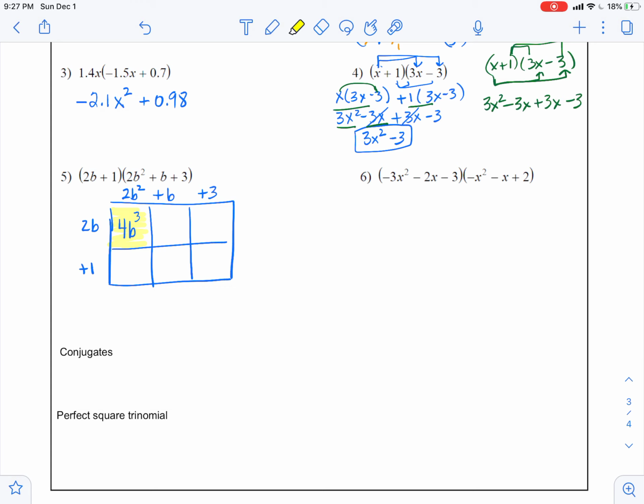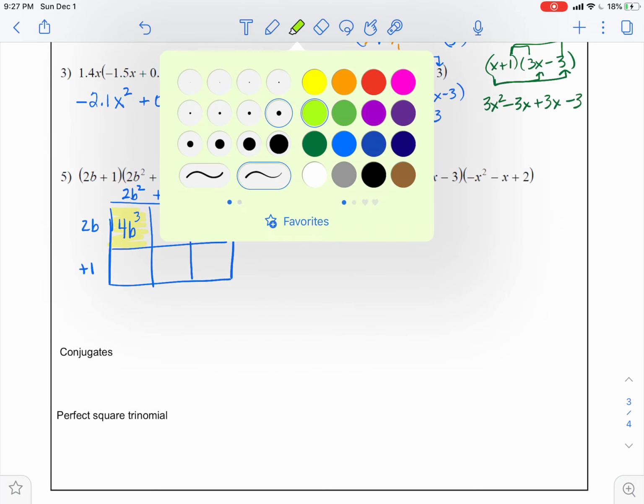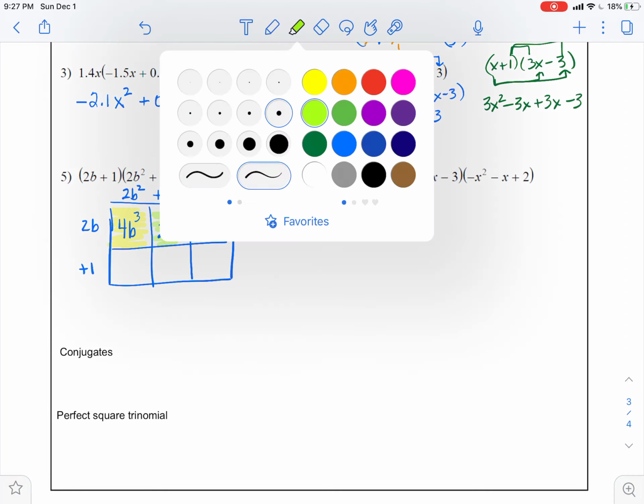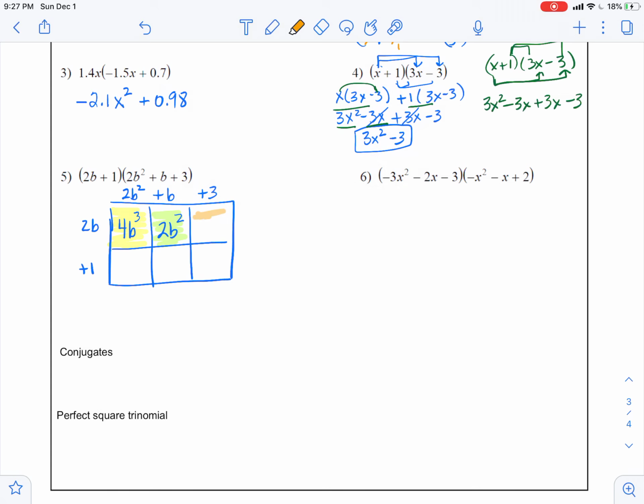So my next one, again, I'm now finding the area of this box. Okay, so that's 2b times b. That's why we put those letters above. So that's 2b squared. And then my next one would be finding the area of my third box. And that would be 3 times 2b, which would be 6b.